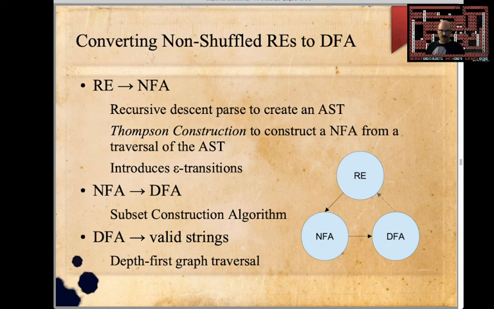And then once you have a DFA, we necessarily have to enumerate all of the valid strings. Well, we started with a regular expression, and the best way to do this is simply to implement a depth first traversal of the DFA, taking it as a directed graph from the start state to an accepting state. And if you accumulate the labels along the way, which are the valid symbols, then you will necessarily be constructing all the valid strings that are described by the language of the DFA.